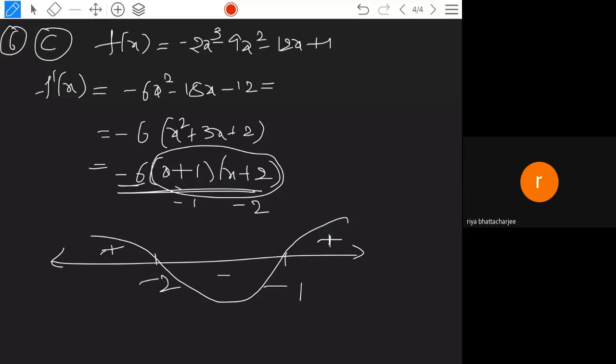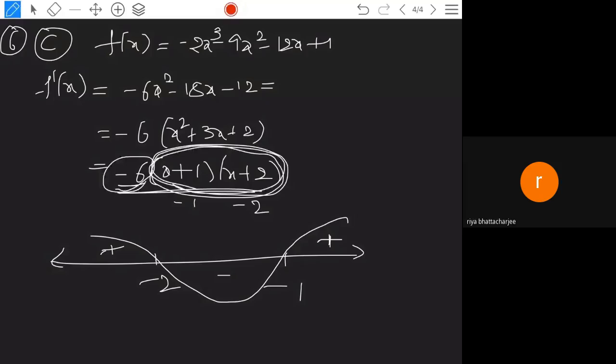This is plus only for this expression. So the complete f dash of x will be negative here, because here you are having a minus 6. Note this point actually. This expression is itself positive in the interval greater than minus 1, so it reverses, because we are having a negative sign. So here you can write that f dash of x is greater than 0 implies x belongs to, in what intervals is it greater than 0?